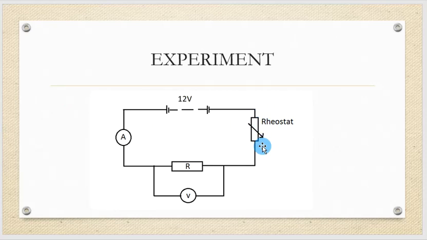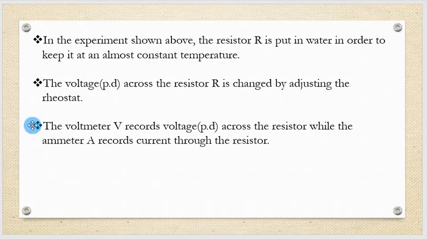We can either increase or reduce it depending on what value of voltage we want. So this rheostat is used as a means of adjusting the voltage across the resistor R. So that's the purpose of the rheostat.